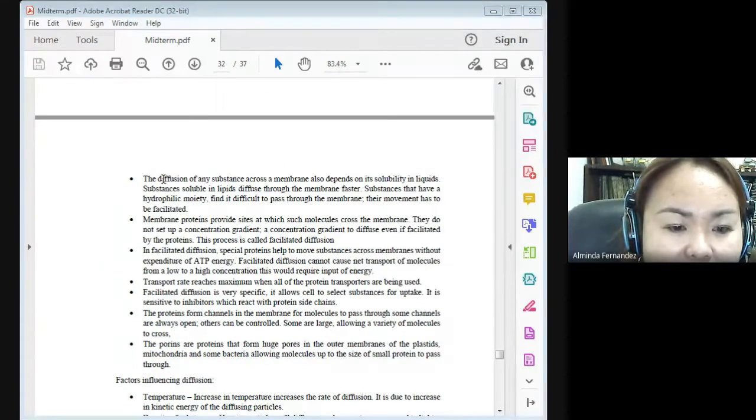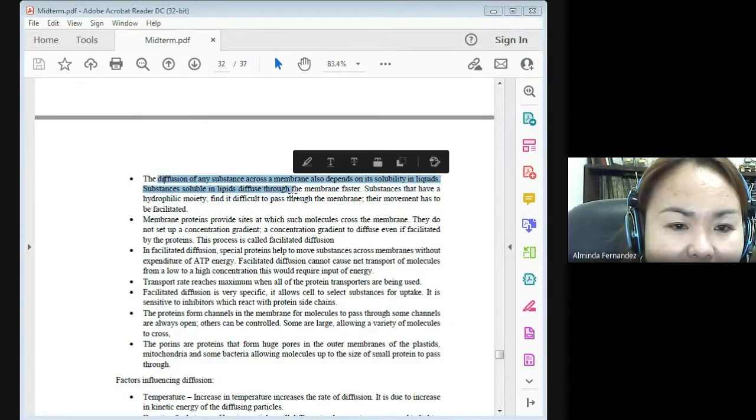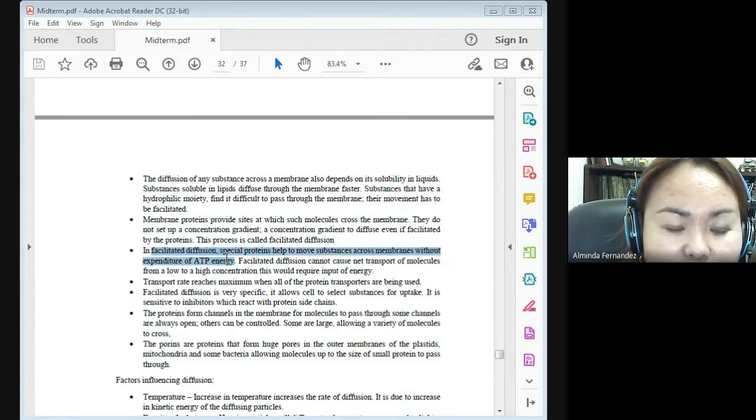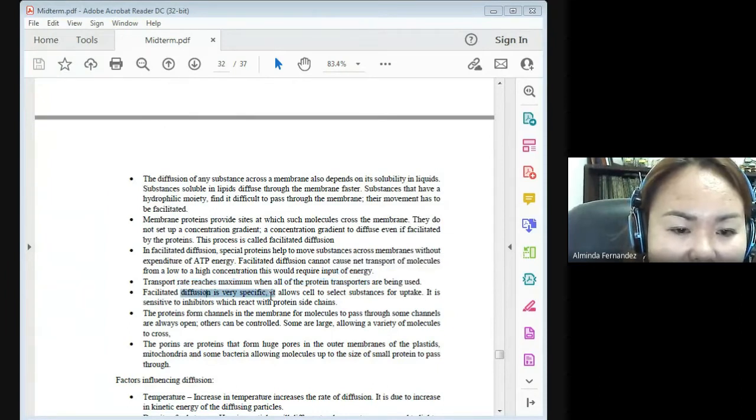So there are actually a lot of factors, depending on the membrane, whether it is hydrophilic or protein, or in facilitated diffusion, it can also use ATP or energy, until it reaches the maximum of the transporters, as facilitated diffusion, and protein forms of channels.